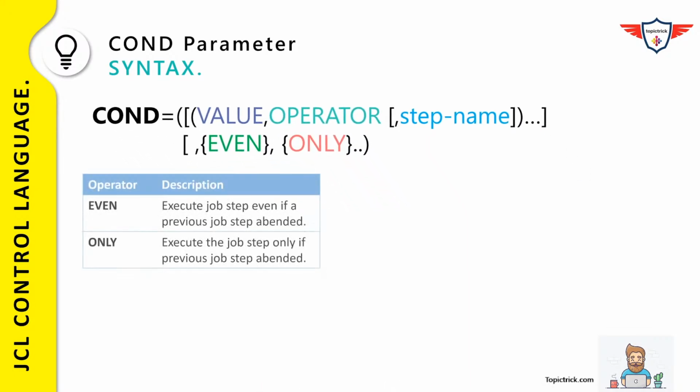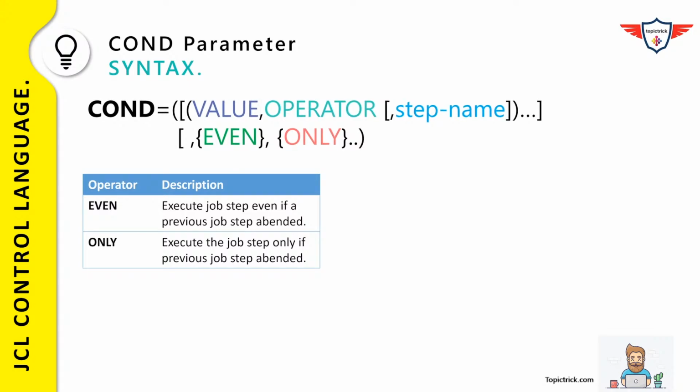You can specify a return code and a relational operator to determine whether to skip a particular job step instead of all the subsequent job steps. You can also specify a step name in order to test the return code for a specific job step. And you can also use two additional subparameters, that is EVEN and ONLY, if you want to execute certain job steps if your job fails.